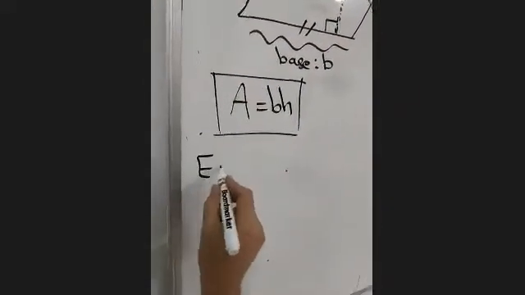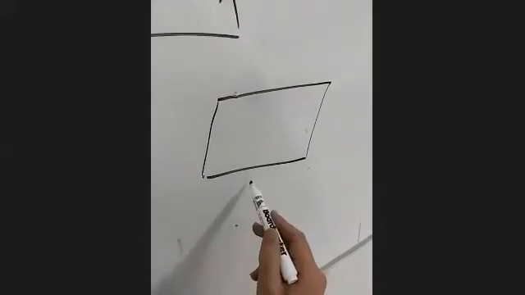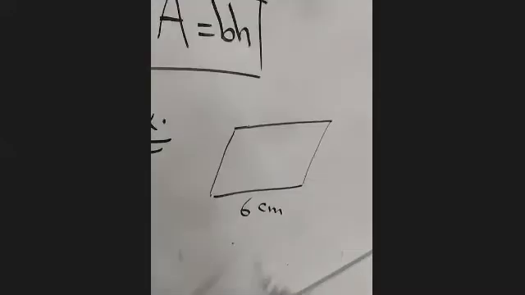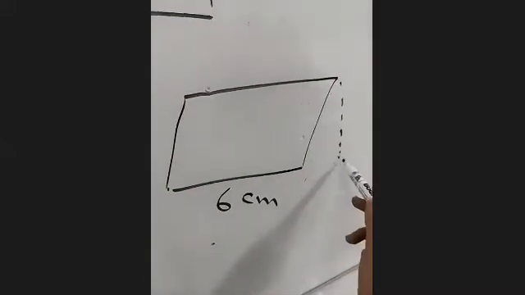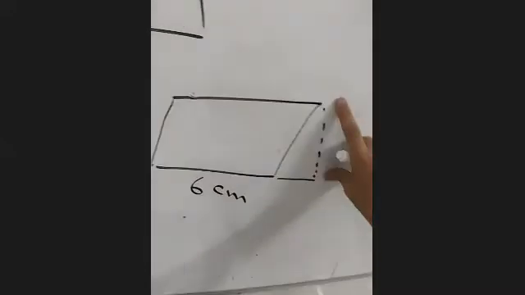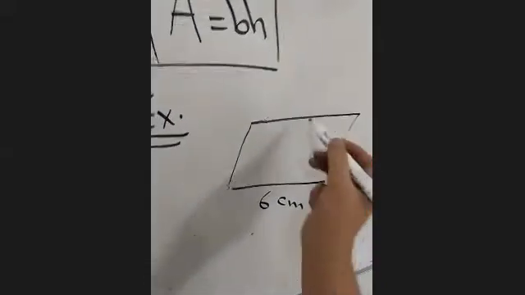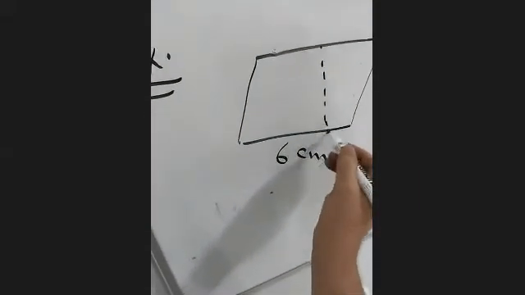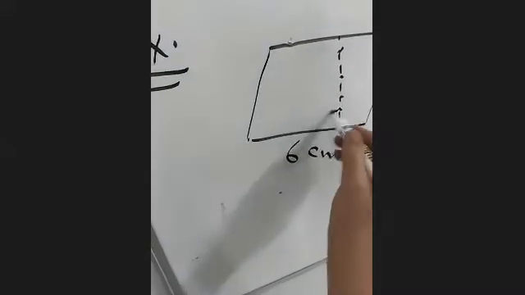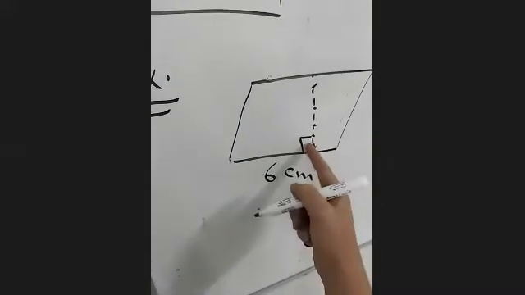For example, focus here, guys. If I have this parallelogram with base, let's say 6 centimeters, and the height, we can make it inside. It's okay. I will make it inside. And how do we know the height? We said the height has a right angle at the end.